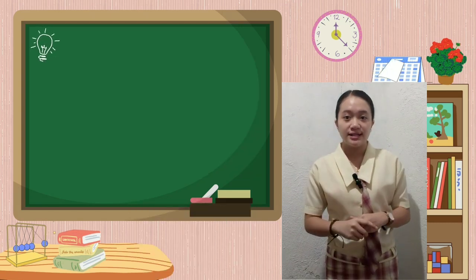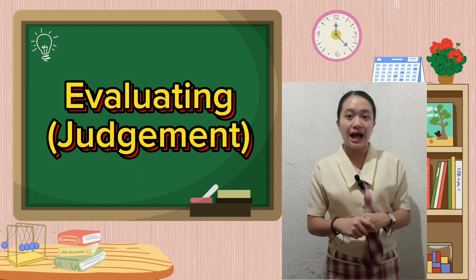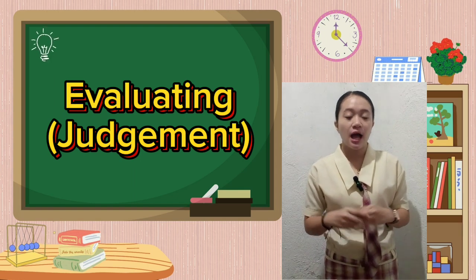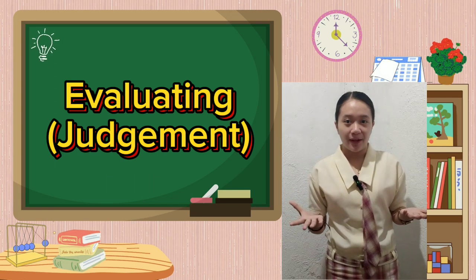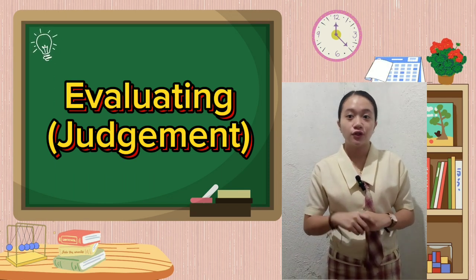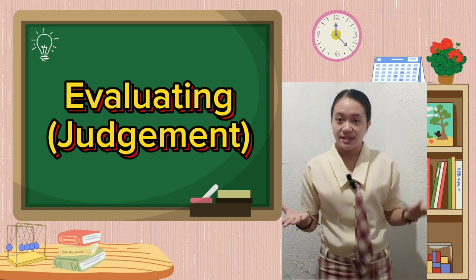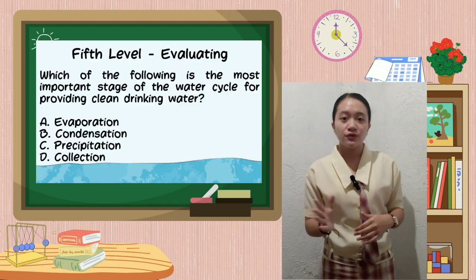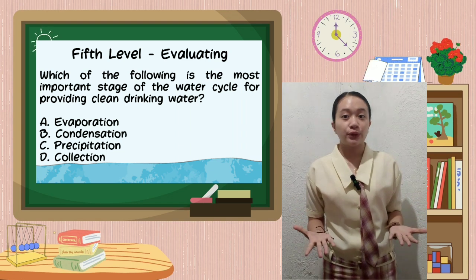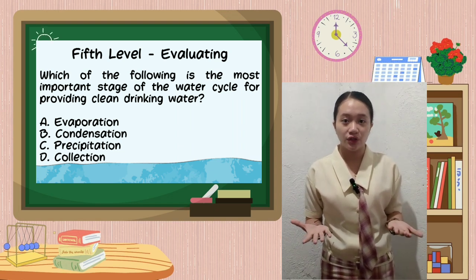The fifth is evaluating or judgment. So these questions ask students to make judgments about the value, the worth, or quality of something. They often involve comparing and contrasting different ideas, making decisions, or defending a point of view. So which of the following is the most important stage of the water cycle for providing clean drinking water?